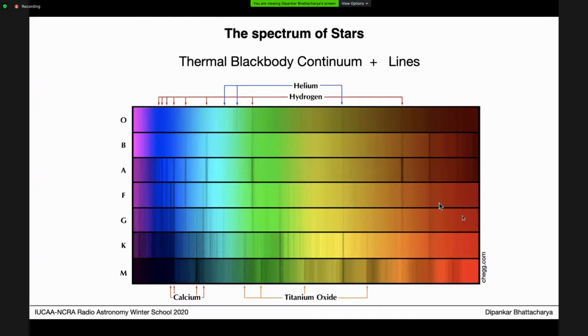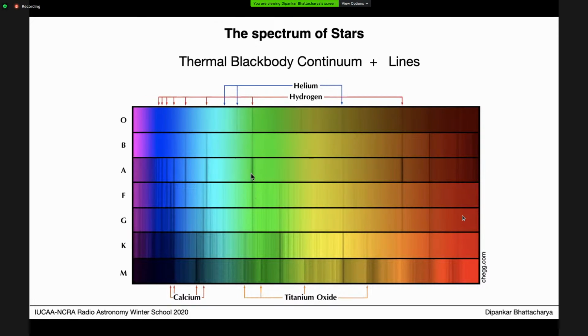This distribution of light as a function of wavelength is what is called a spectrum. And this spectrum in general carries a lot of information about the object that we are studying. In case of stars, the spectrum is by and large a thermal blackbody continuum, on top of which there are some narrow spectral lines you would see here.